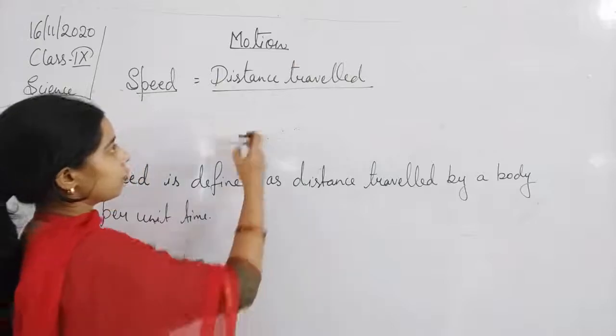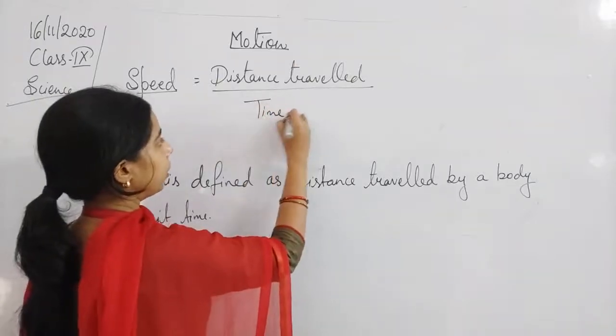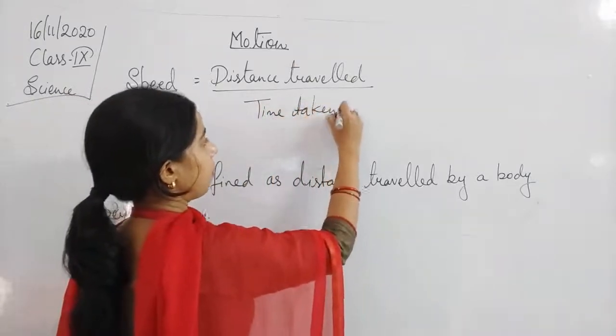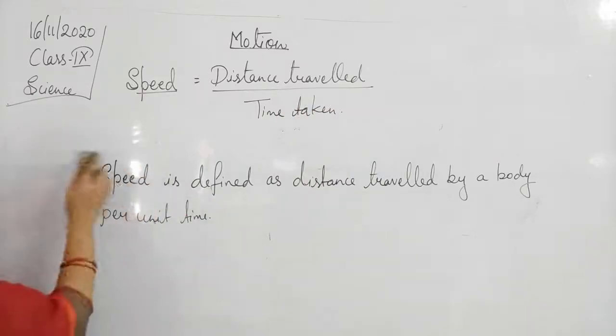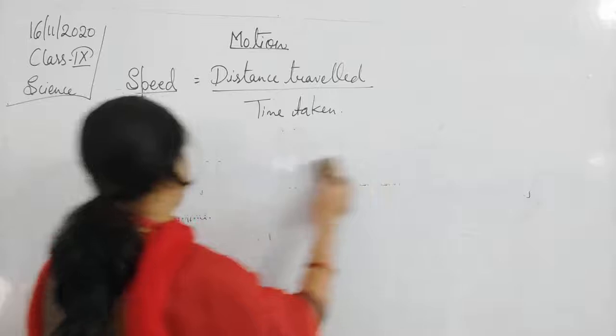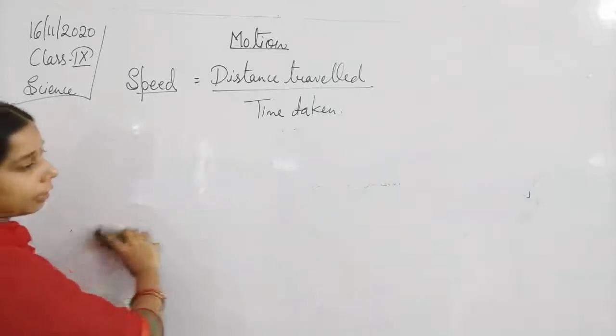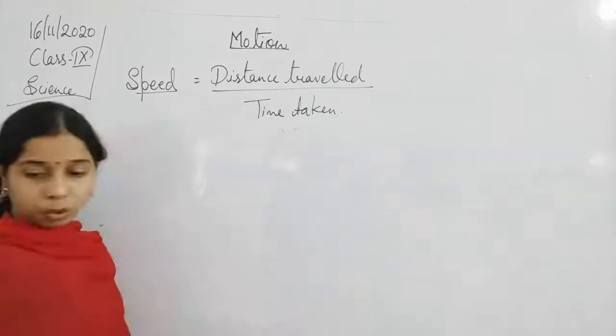Distance traveled upon time taken, students. So if a body is traveling a certain distance in that time, we will define the speed of the body.